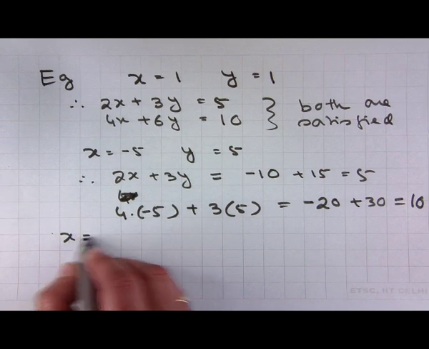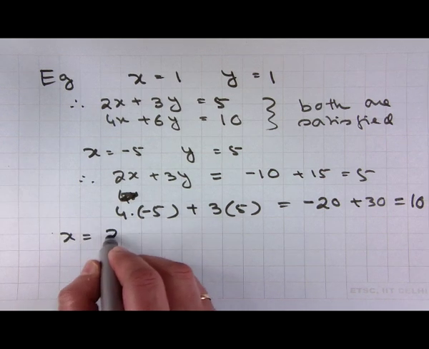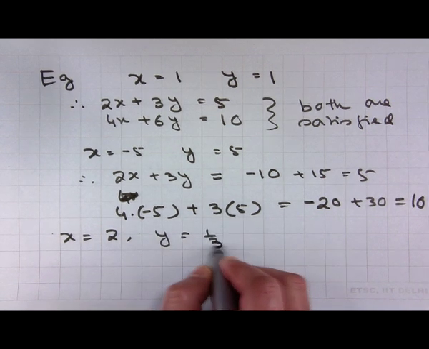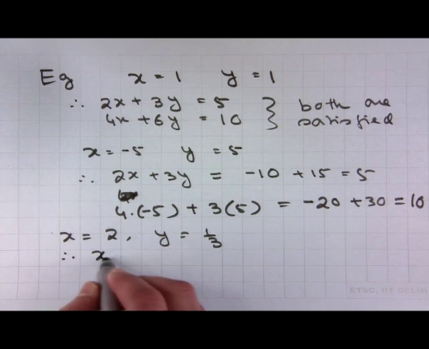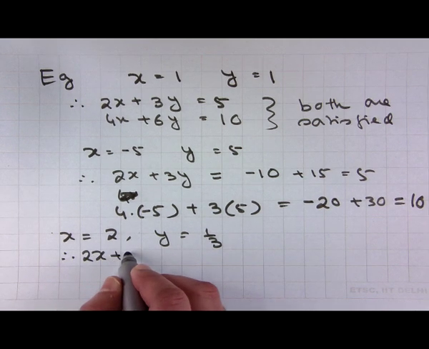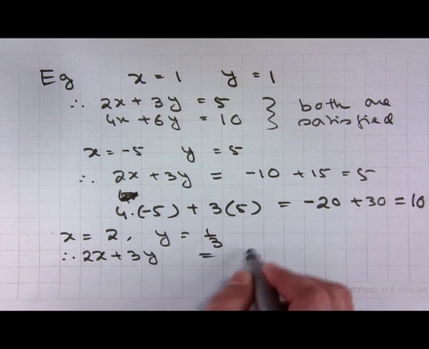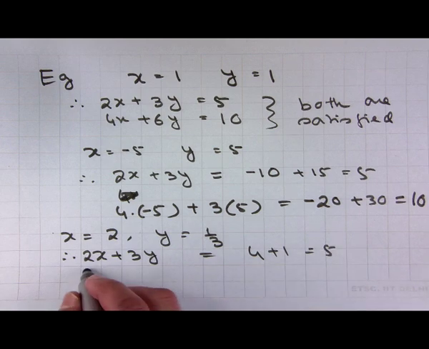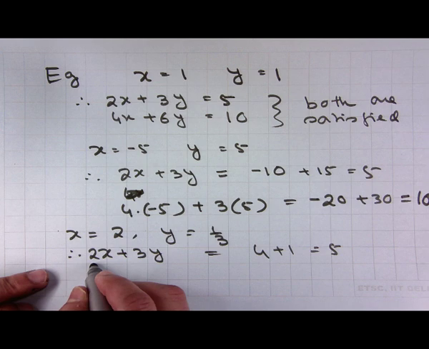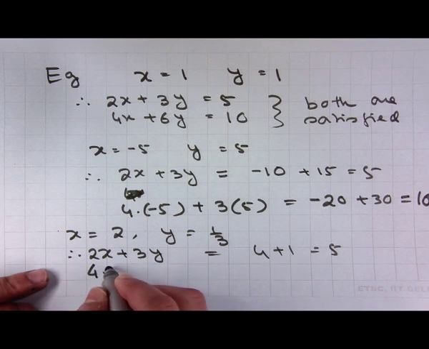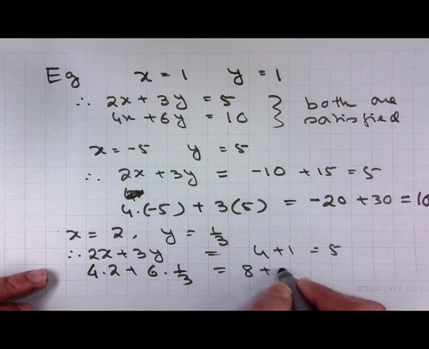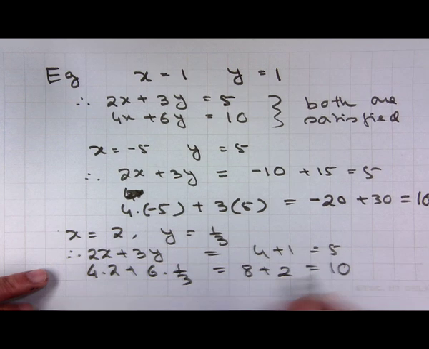x is equal to 2, y is equal to 1 by 3, therefore, 2x plus 3y is equal to 4 plus 1 is equal to 5, and 4 into 2 plus 6 into 1 by 3 is equal to 8 plus 2 is equal to 10.